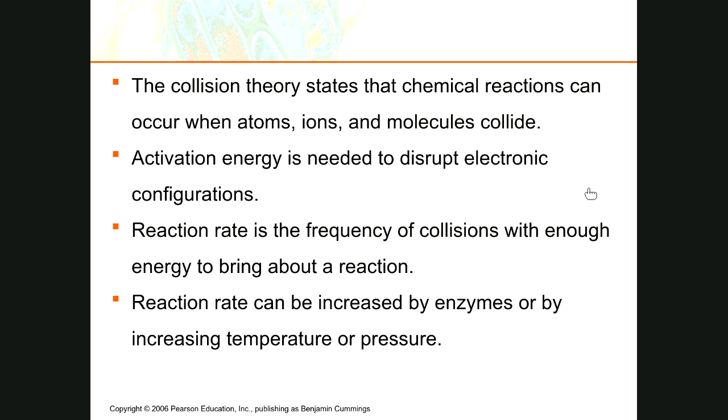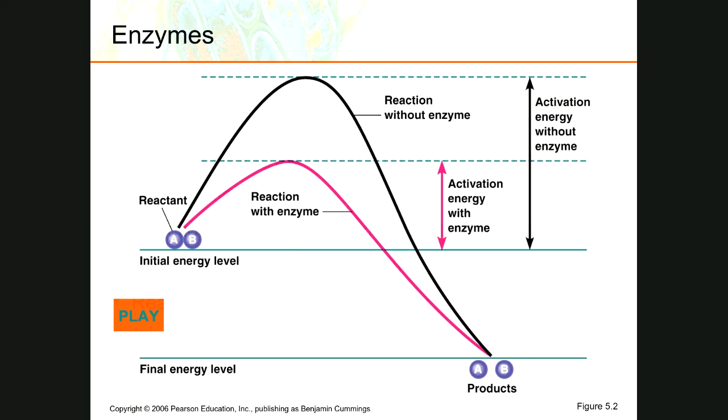Increase the temperature, and that gives those molecules more energy. The problem with that and life, especially complex multicellular organisms, is that the amount of heat needed in order to make these reactions happen fast enough for life to exist would basically be too hot for life to exist. So you can increase the rate of reactions by increasing the temperature of the environment, but that doesn't really work for living organisms. So they use enzymes.